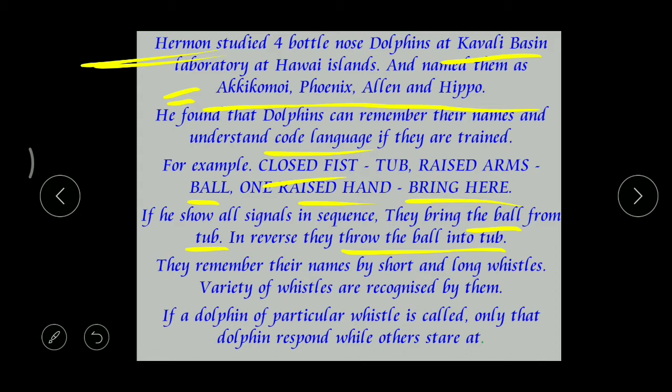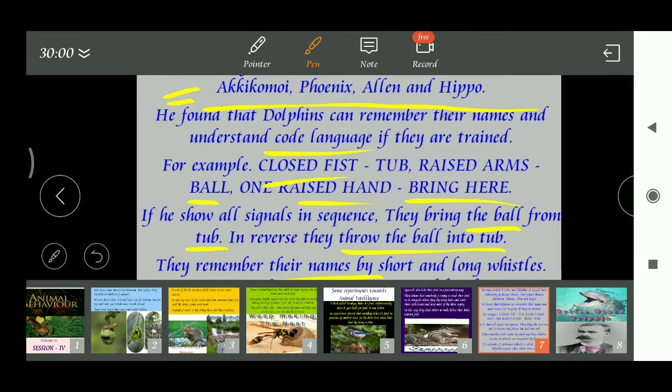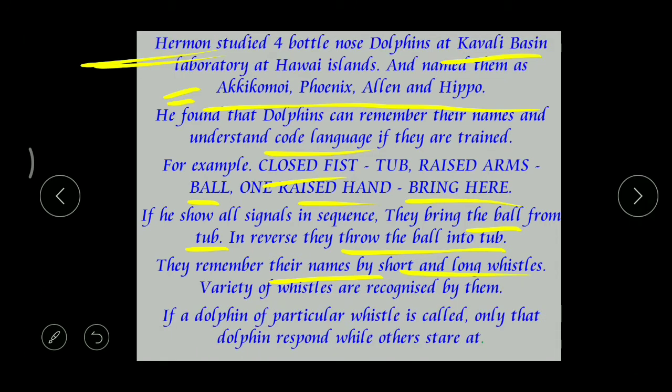Correct. So these animals could remember their names by short and long whistles. Have you seen? Your PET master also gives some signals during the PET period or games. He gives signals by whistling, and for a short whistle we find one meaning, and for a long whistle one more meaning.